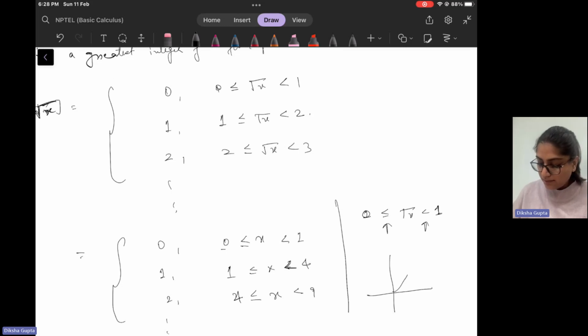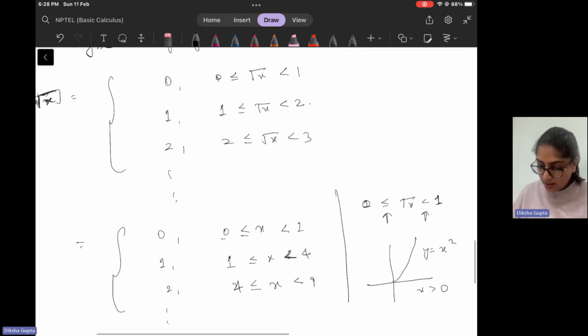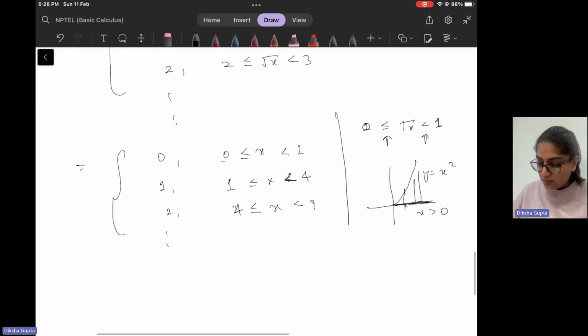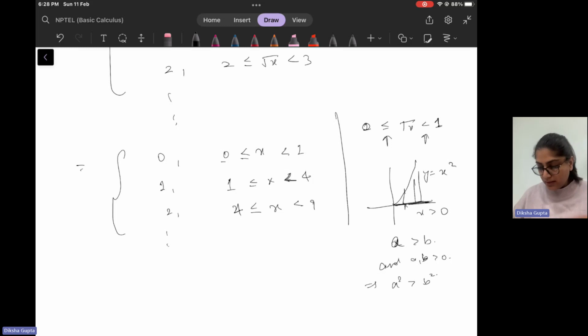Because the function y equals x square when x is positive is increasing, meaning that when x is increasing, the value of y also increases. So if a is greater than b and a, b are greater than 0, then a square is greater than b square. If a is here, b is here, then a square is here and b square is here.